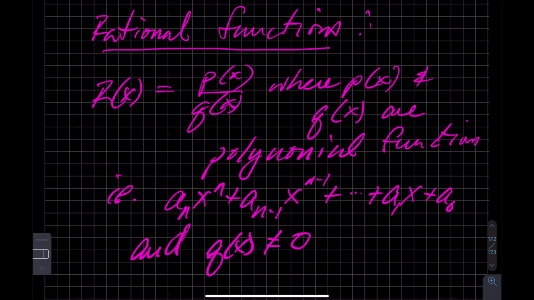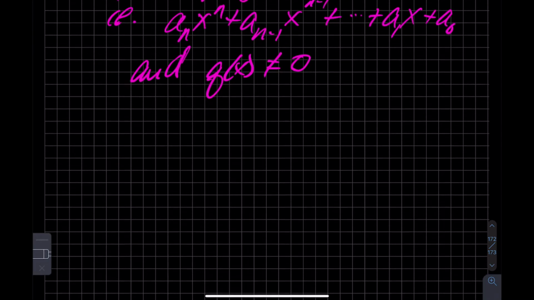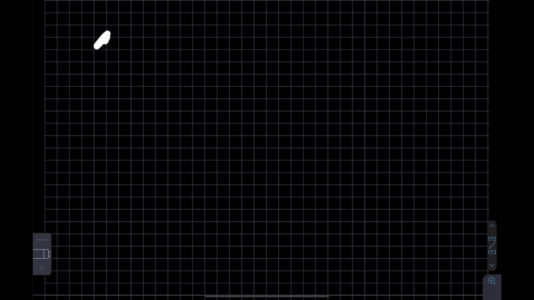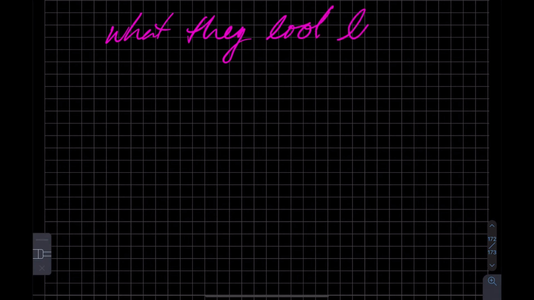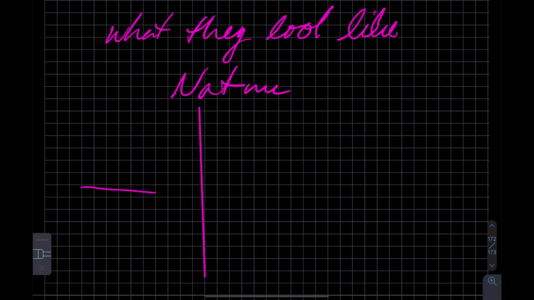So in the end, with regard to rational functions, we want to know what they look like when I graph them, or I think of it as what is the nature of that rational function. So I want to know when I graph it how it actually appears on the graph.